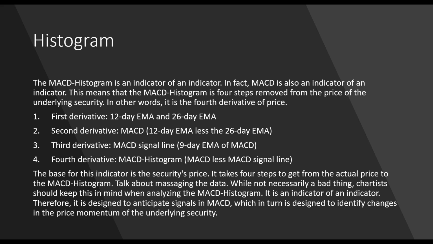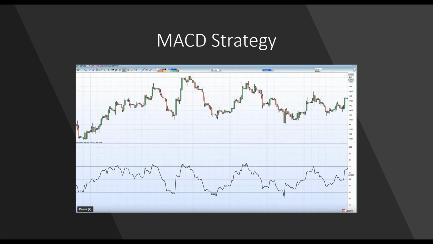And the fourth derivative is the histogram, which is the MACD less the signal line, which is plotted as the histogram. The base for this indicator is the security's price. It takes 4 steps to get to the actual price. While it may not necessarily be a bad thing, chartists should keep in mind when analyzing the MACD histogram, it's an indicator of an indicator.